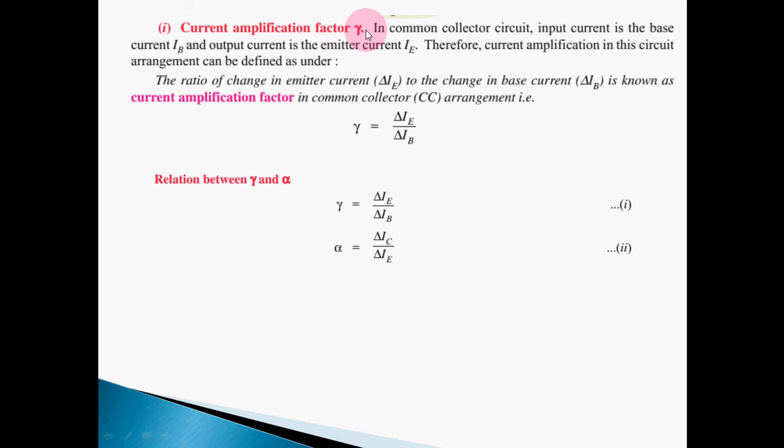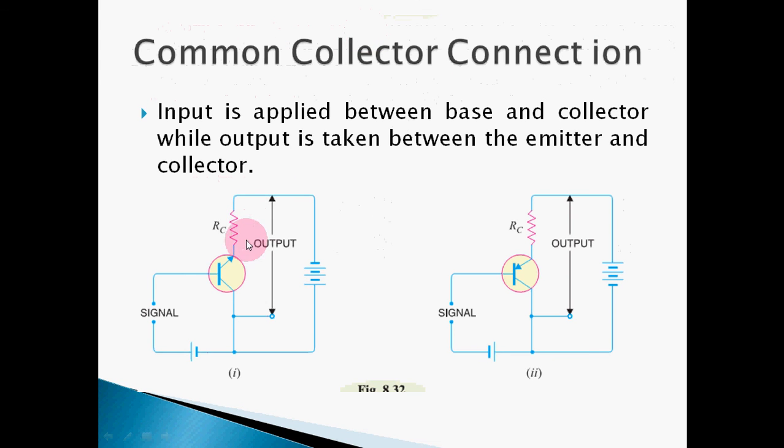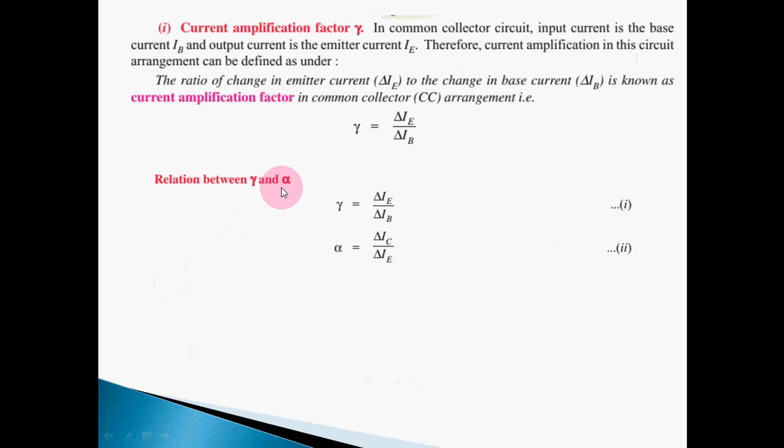From the previous slide, we can say that the input current is the base current and output current is the emitter current. So the definition is: the current amplification factor gamma is the ratio of change of emitter current, that means output current, to base current, the input current. So gamma equals output emitter current divided by input base current.